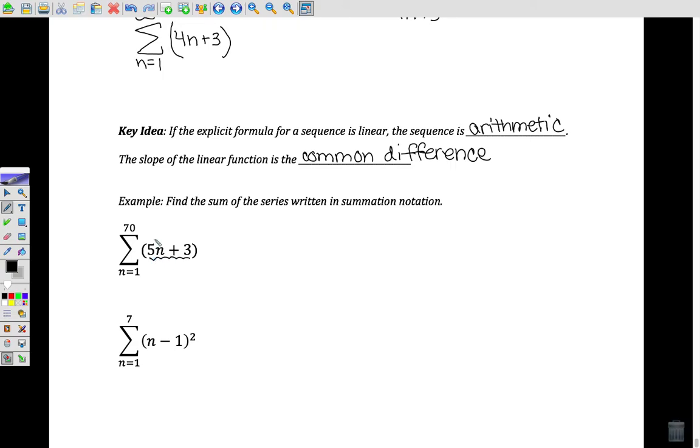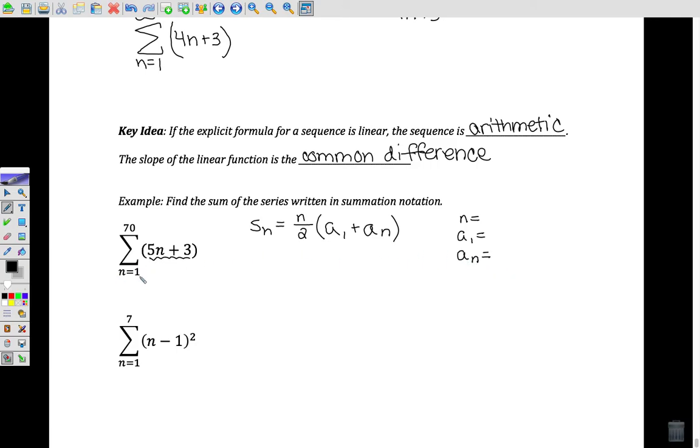So now we're going to actually evaluate what this sum is using the formula. So S sub n equals n over 2 times the first term plus the last term. So we need to know 3 things: n, a sub 1, and a sub n.